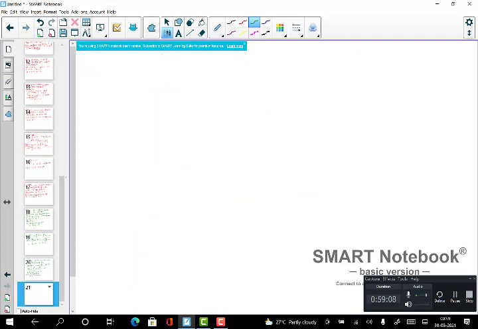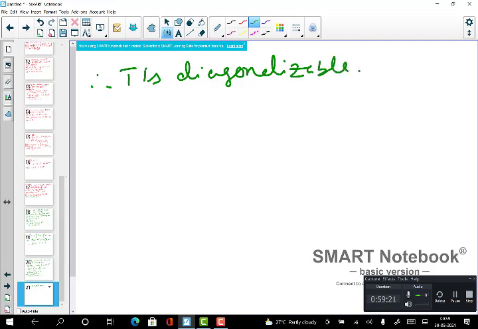That means T is diagonalizable. Okay, so this completes the proof. So this also proves that if T is diagonalizable, then the union of the bases of the eigenspaces will be a basis of the whole space. Okay, so this completes the proof. So I will stop here.